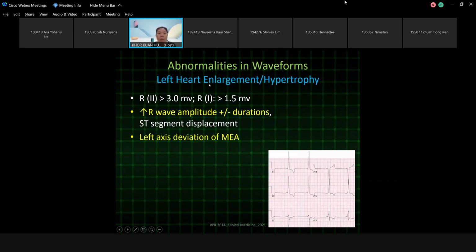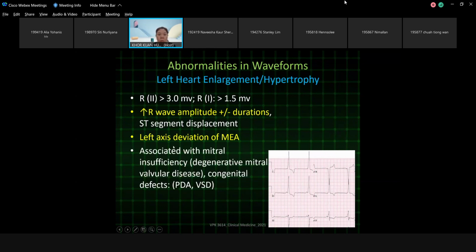Okay, so left axis deviation of the mean electrical axis. When you look at lead 1 and lead 3, you count your R complex. So in lead 1, there are many boxes, so maybe 10, 20 or 30 boxes. Then in your lead 3, you calculate. You see, there are only a few boxes over here. Then you map it out. It's going to tell you that it's the left axis deviation.